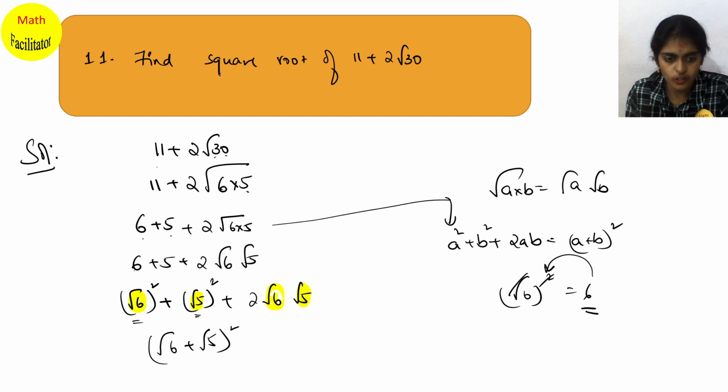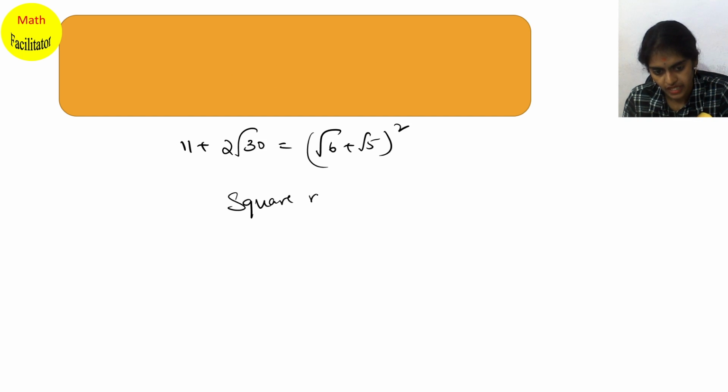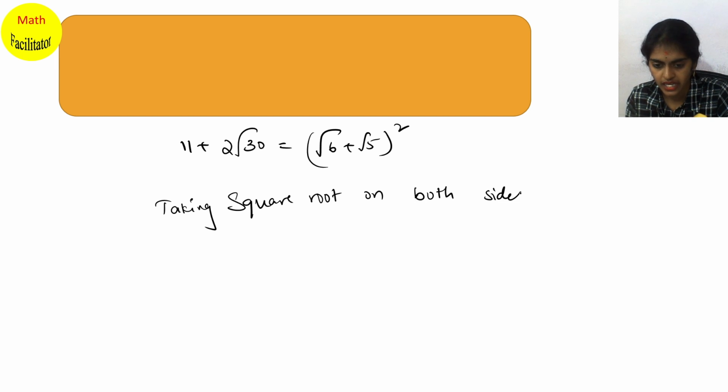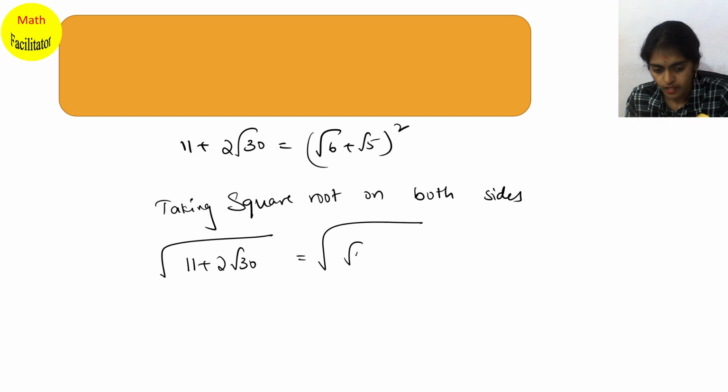Now what should you find? You have to find the square root of this. So let us take square root on both the sides. What will you get? Root 11 plus 2 root 30. This is what you have to find, square root of this. That is equal to root over root 6 plus root 5 whole square.